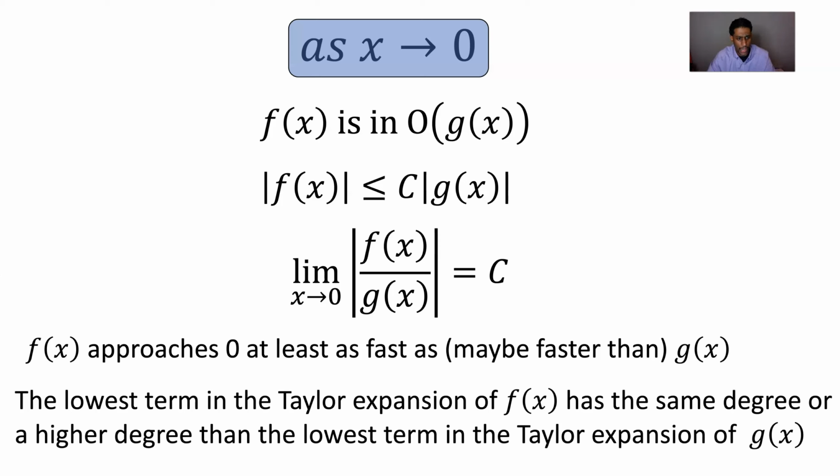Okay. When f is in big O of g, then we can say that all of our attention should go to the lowest term in the Taylor expansion, if you're even able to Taylor expand. The lowest term in the Taylor expansion of f has the same degree or a higher degree than the lowest term in the Taylor expansion of g.